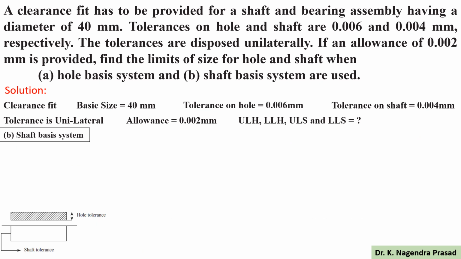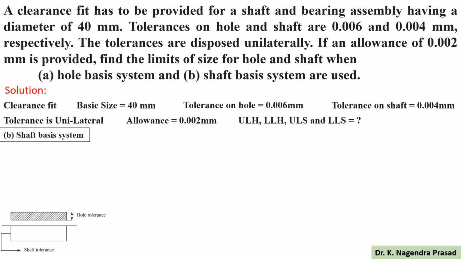Next we determine the limits of size for the hole and the shaft based on the shaft basis system. We know that in the shaft basis system, shaft size is kept constant and the hole size is varying based on the type of fit.